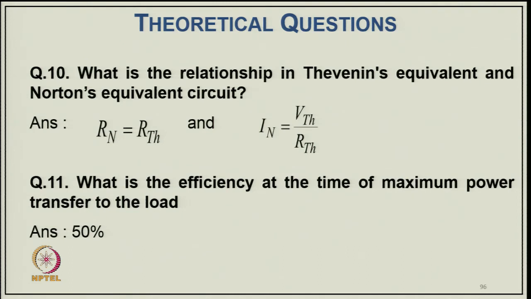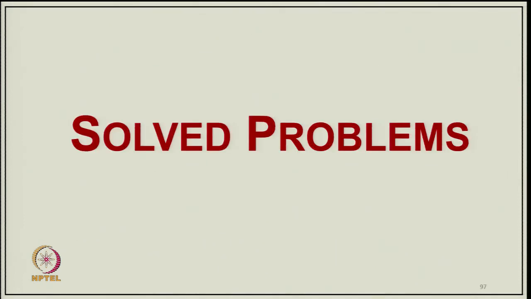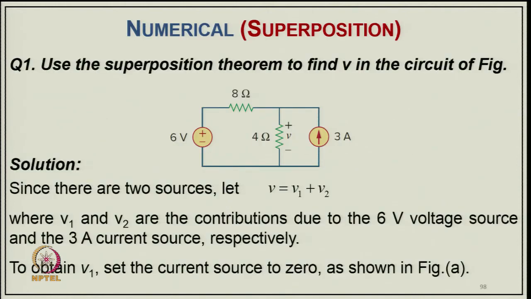So, what is the efficiency at the time of maximum power transfer to the load? It is 50%, because only when the internal resistance, or Thevenin equivalent resistance, is equal to the load resistance is maximum power transferred. So, the efficiency is 50%.